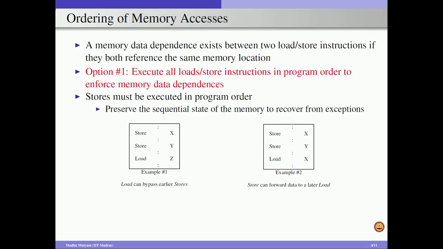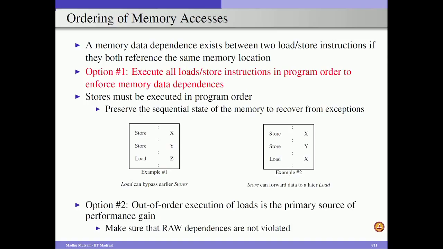So sometimes loads can be independent of the previous stores, or sometimes a load can benefit from the previous stores. We can exploit load bypassing or load forwarding mechanisms to execute these load instructions in an out of order fashion and improve the overall performance.